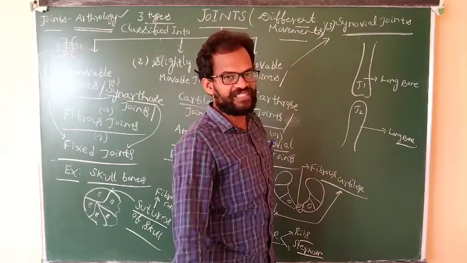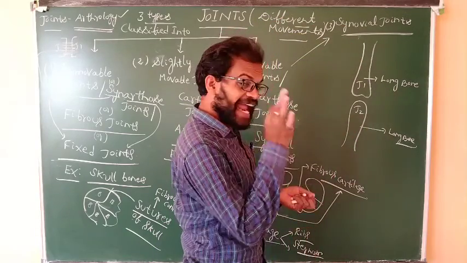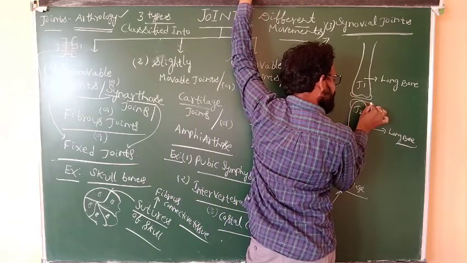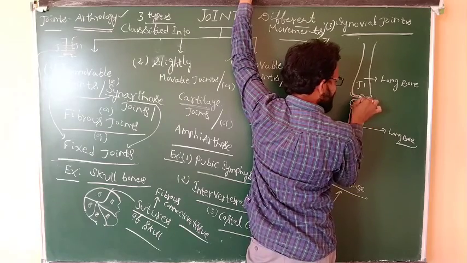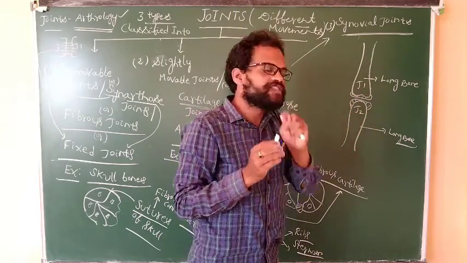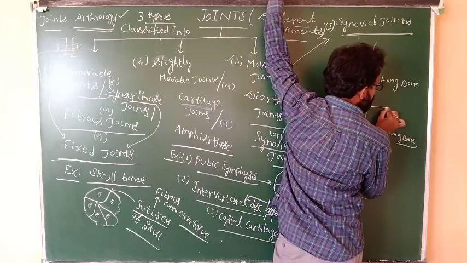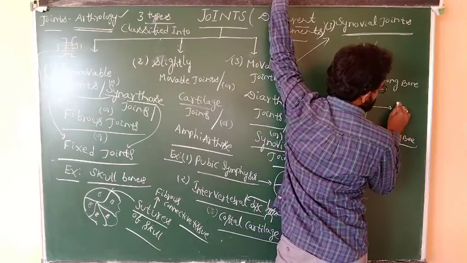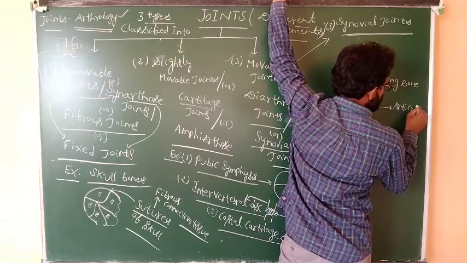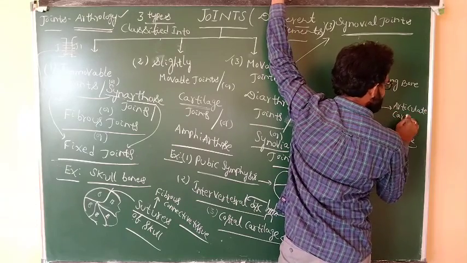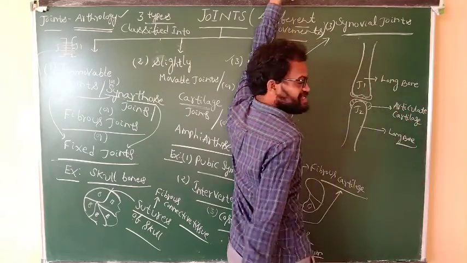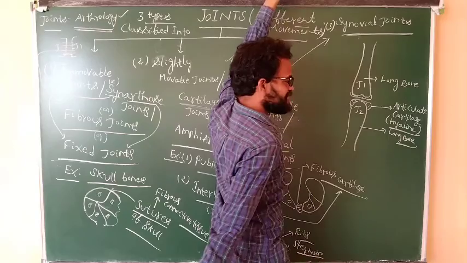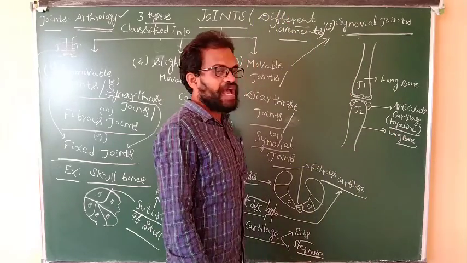The ends of the long bones are made up of articular cartilage. This cartilage is known as hyaline cartilage.